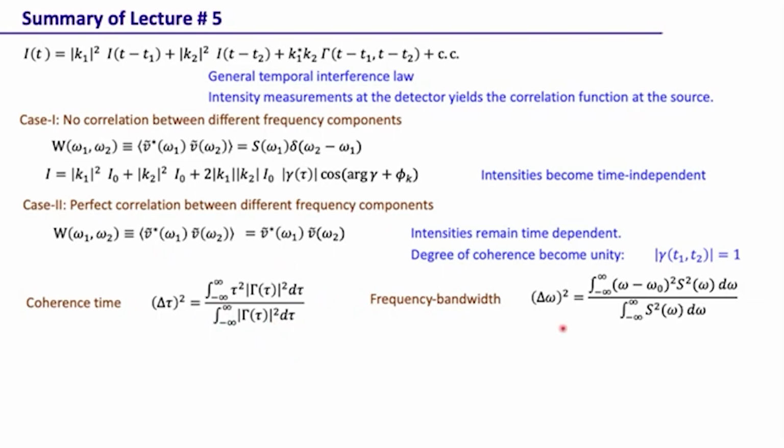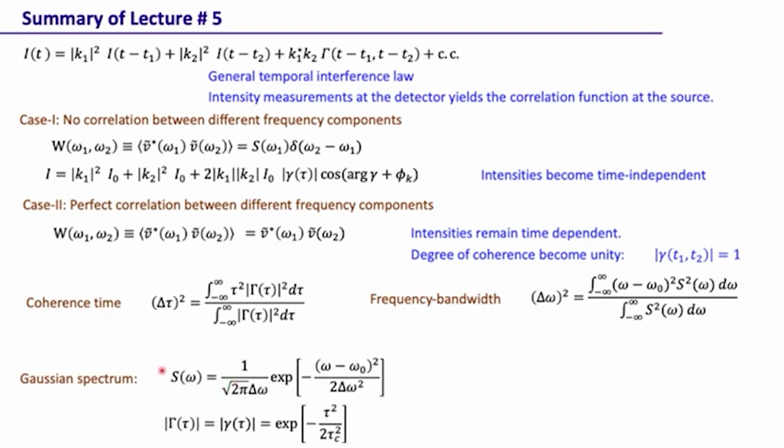Frequency bandwidth is defined like this. This is again a second moment. We also saw that the coherence time times the frequency bandwidth follows an uncertainty kind of relation. We also looked at one very common and useful spectrum, which is the Gaussian spectrum. This is the normalized Gaussian spectrum. For this spectral density, the gamma tau function assumes this functional form.